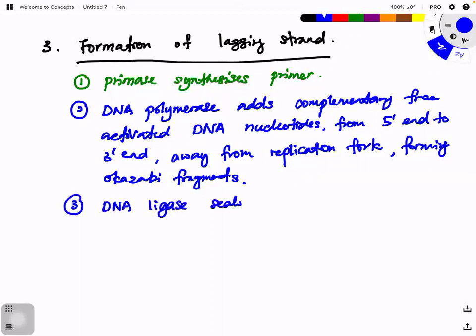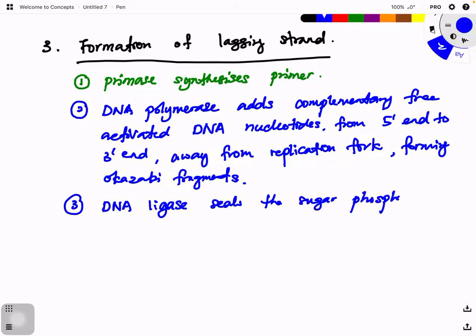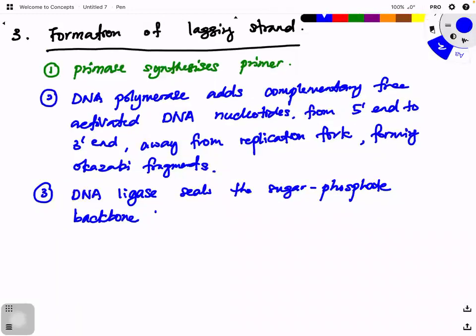Number 3, DNA ligase seals the sugar phosphate backbone by forming phosphodiester bond.